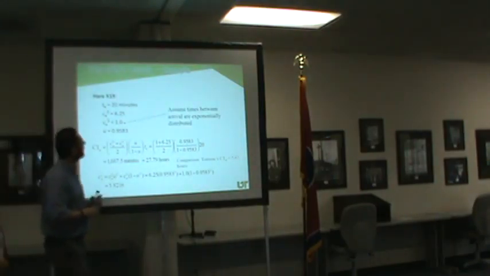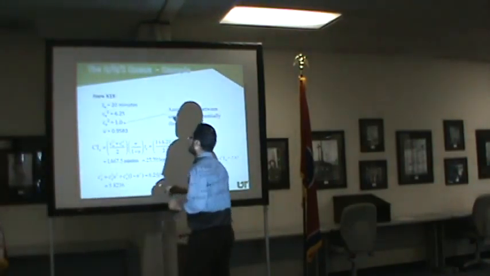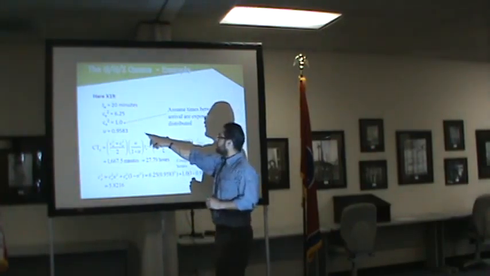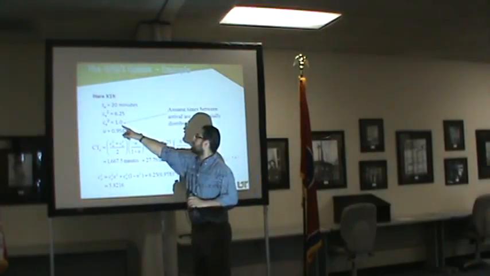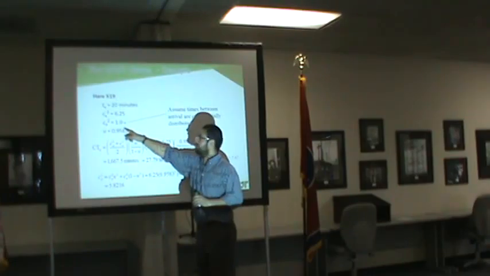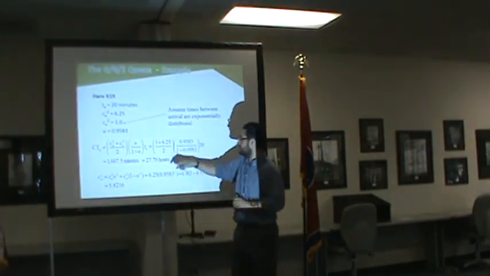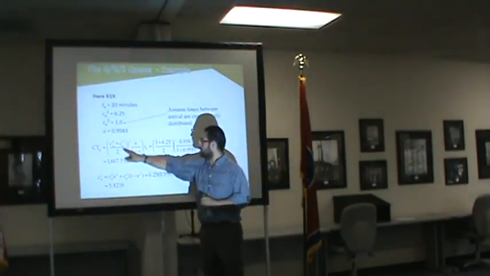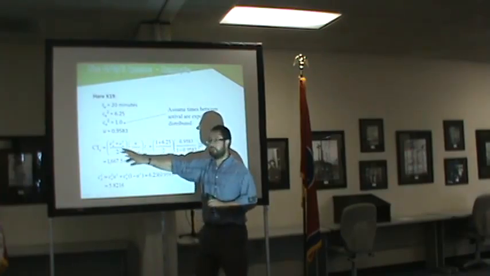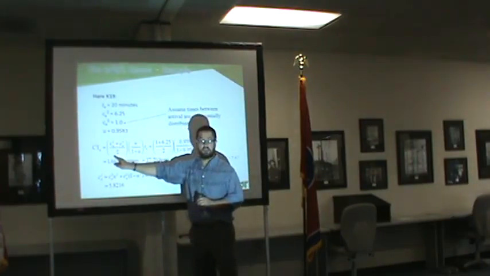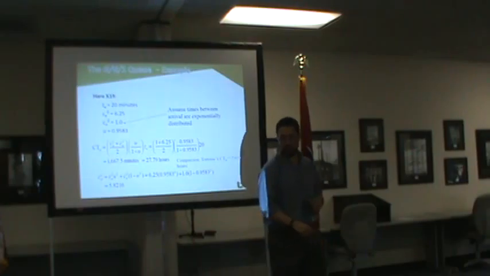So let's calculate all these things using the same parameter. If we were to use the arrivals at 1, exponentially distributed, what we have to do is add the component for the general model.